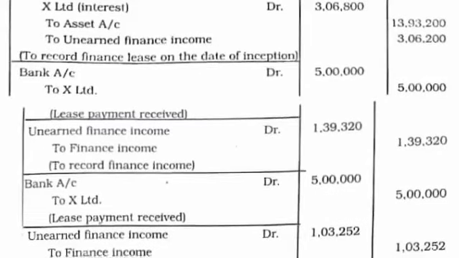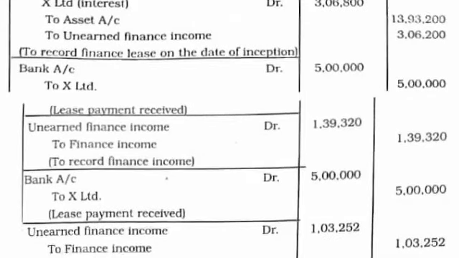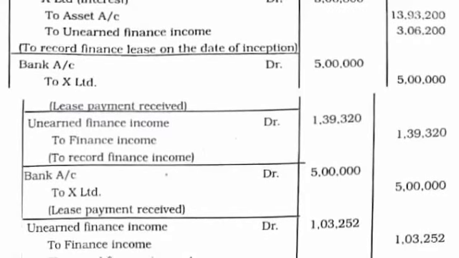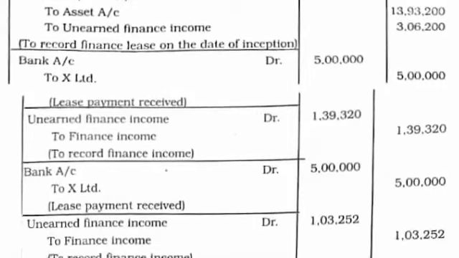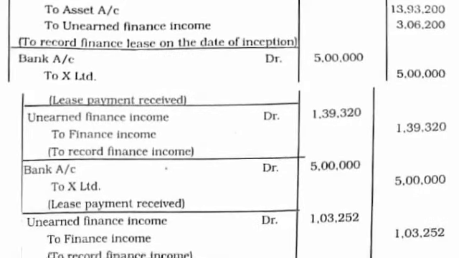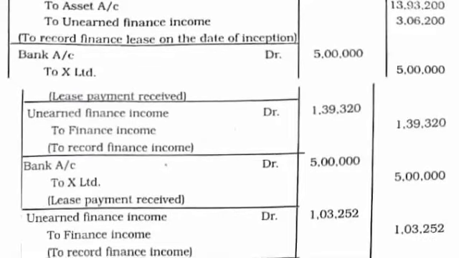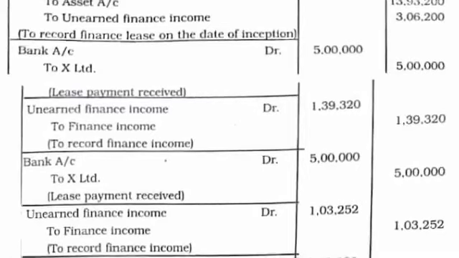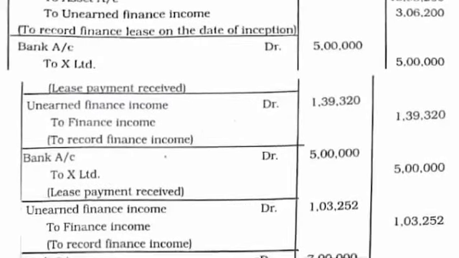Then the second one, bank account debtor to X Limited. Here X Limited paid the amount to Y Limited, so Y Limited shows it as received: bank account debtor to X Limited, the full amount 5 lakh rupees each year. The third entry is the interest received from X Limited, shown as unearned financial income.